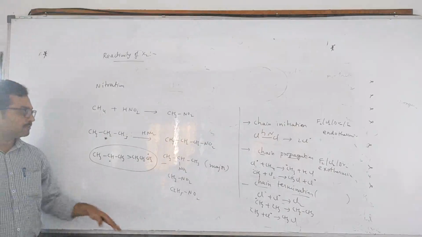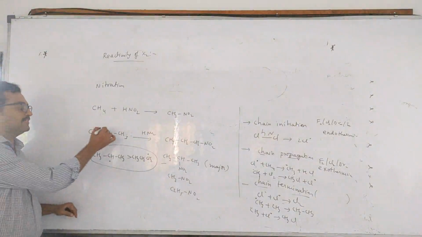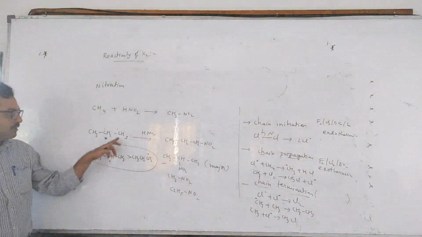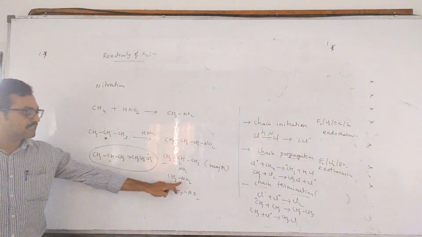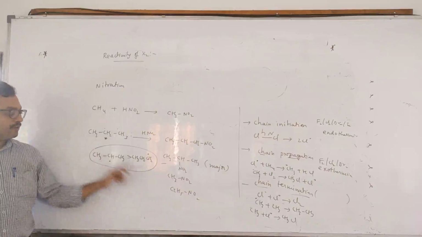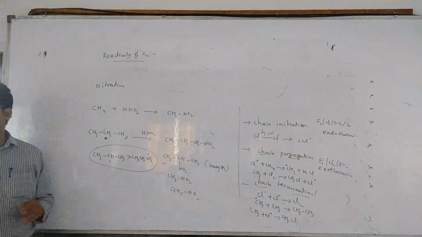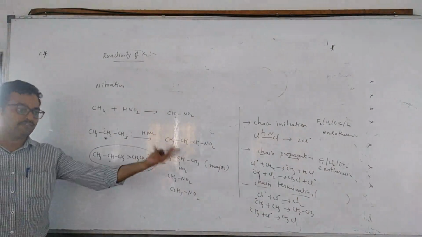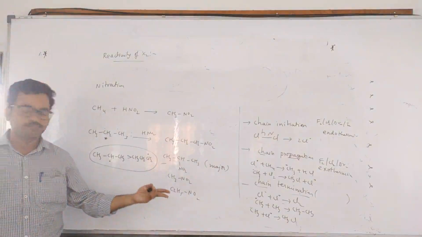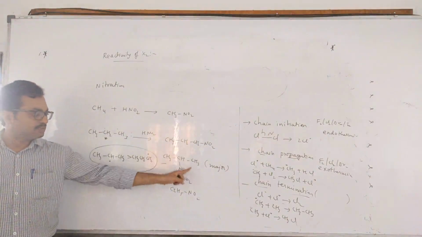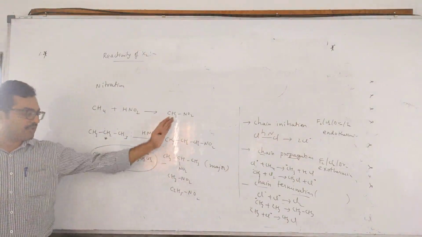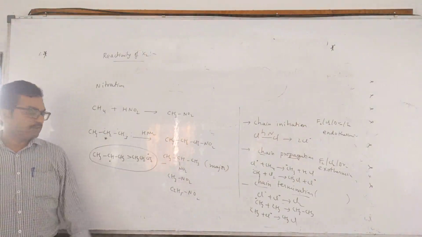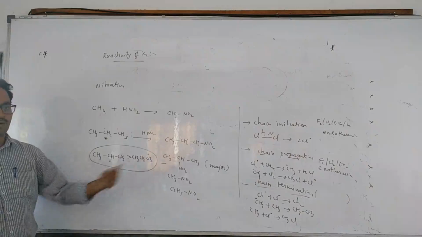Next, what is the other possibility? This can be cut, means if the radical comes here, nitromethane also has a chance, and nitroethane also has a chance. How can they ask the question here? Which of the following products can't be formed? They can give this, so you should have an idea. Which of the following products cannot be formed?